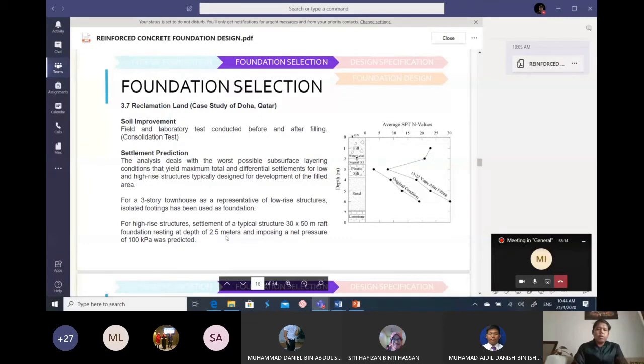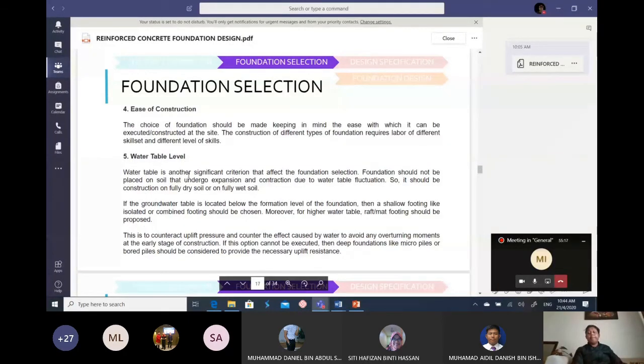Okay, so next is the ease of the construction. So the choice of foundation should be made keeping in mind the ease with which it can be executed and constructed at the site. The construction of different type of foundation require labor of different skill set and different level of skill. So means that how we are going to make sure that the construction is easier, suitable for that area.